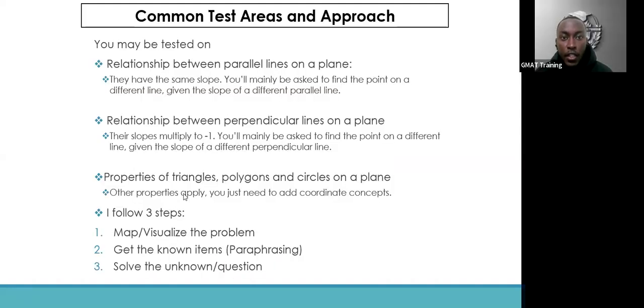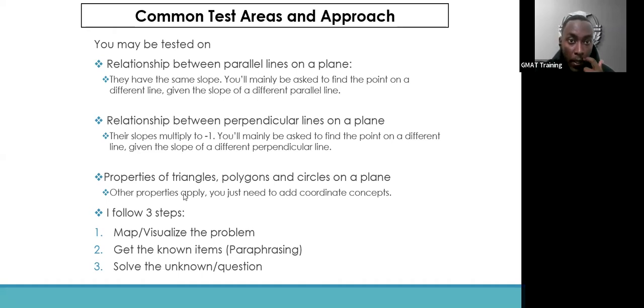What are the common test areas that you might need to know? You may be tested on the relationship between parallel lines. You may also be tested on the relationship between perpendicular lines on a plane. For these two types of lines, the slopes are the ones that interact with each other.